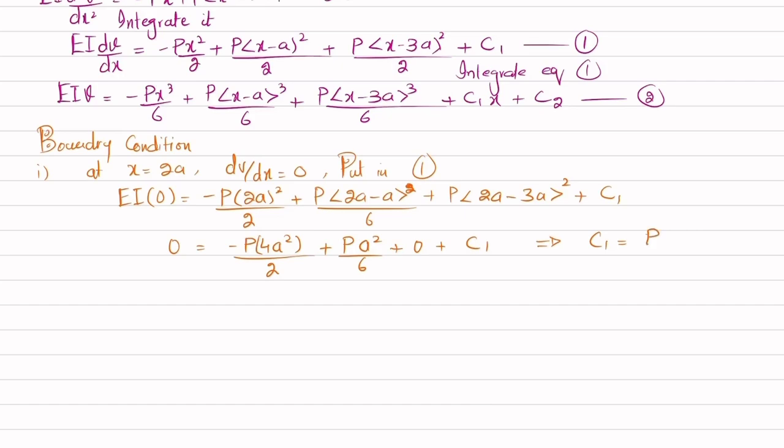Okay, so if you further simplify it, you will get C1 will be equal to 4P a square over 2 minus P a square over 2. Okay, this is 2, not 6. You can check it, this is 2.